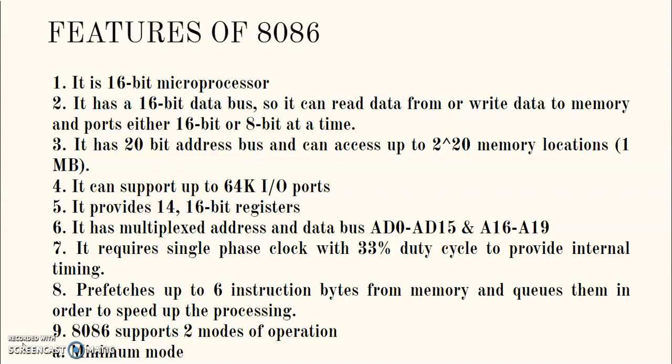But for some applications where a single processor cannot handle and more than one processor is required, that is called the maximum mode, wherein more than one processor is interfaced together. So 8086 supports both of these modes.